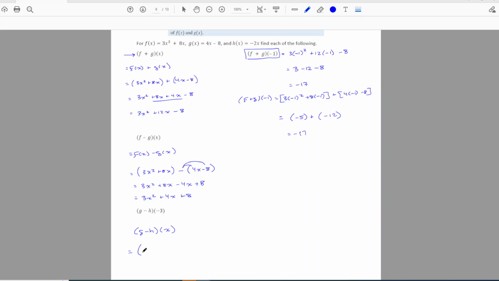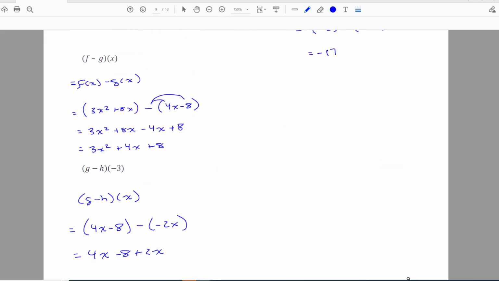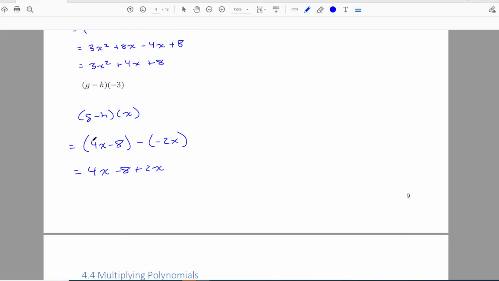So I'm going to take my g of x function, 4x minus 8, and I'm going to take away my h of x function, 2x. This is my g of x function, and I'm taking away the h of x function, which now when I collect like terms, I get 6x minus 8.